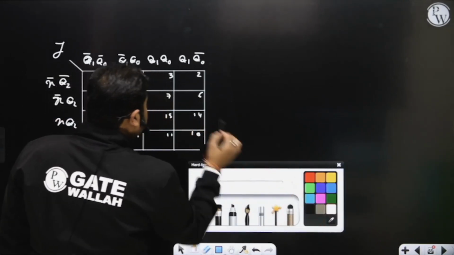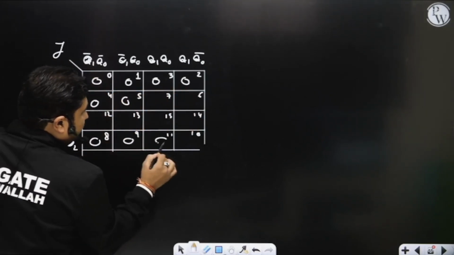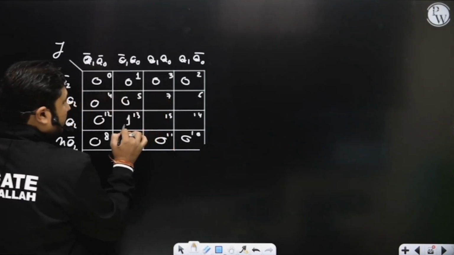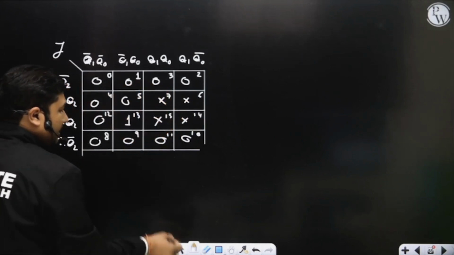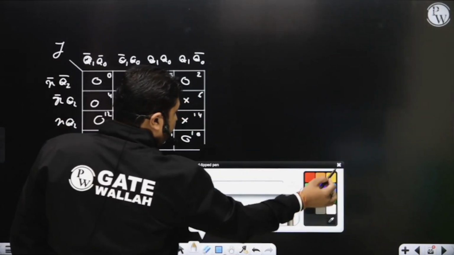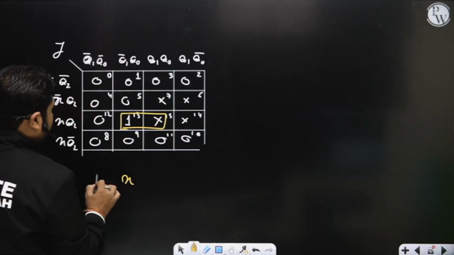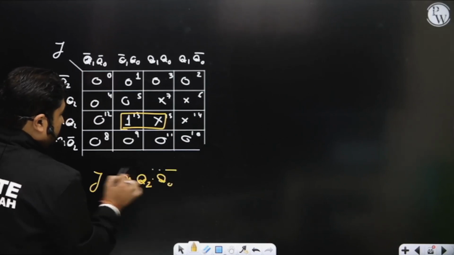Everywhere it is 0 except on the binary condition of 13. What about 14, 15 and 6 and 7? They are don't care. So we have one pair possible here. With this pair you are getting Y equals x q2 q0.